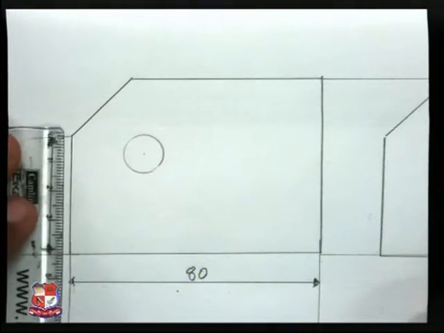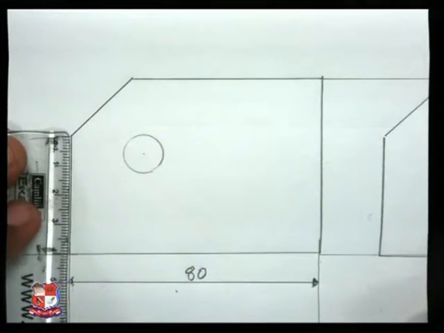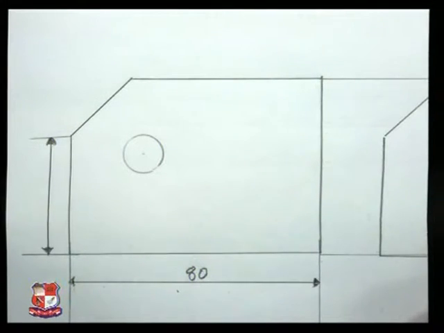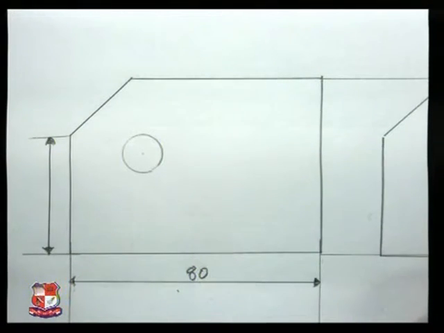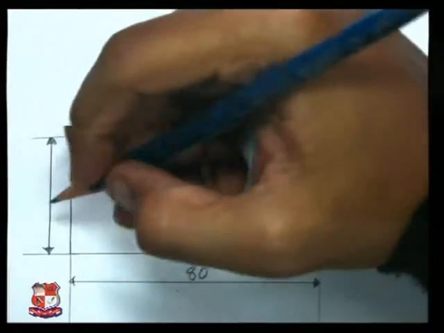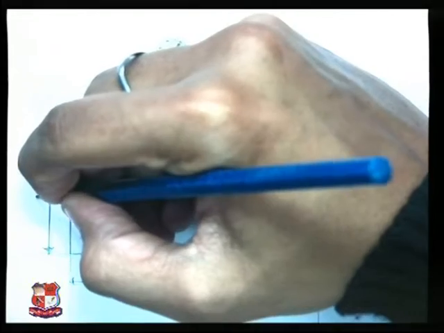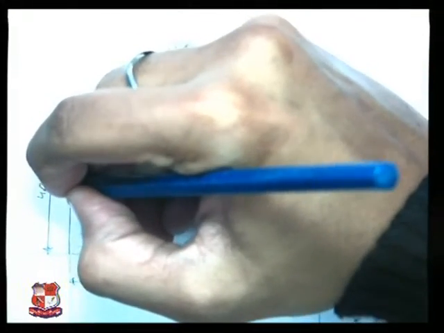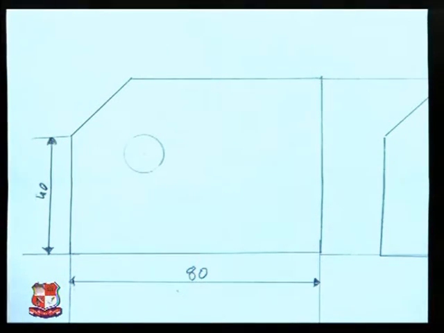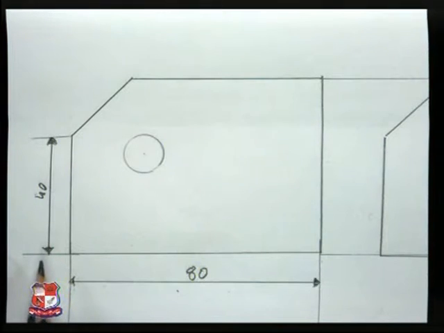Now we have this distance of 40 mm. So how are we going to write this 40? We are going to write this 40 parallel to the dimension line, again above the dimension line and in the middle of the dimension line, like this.